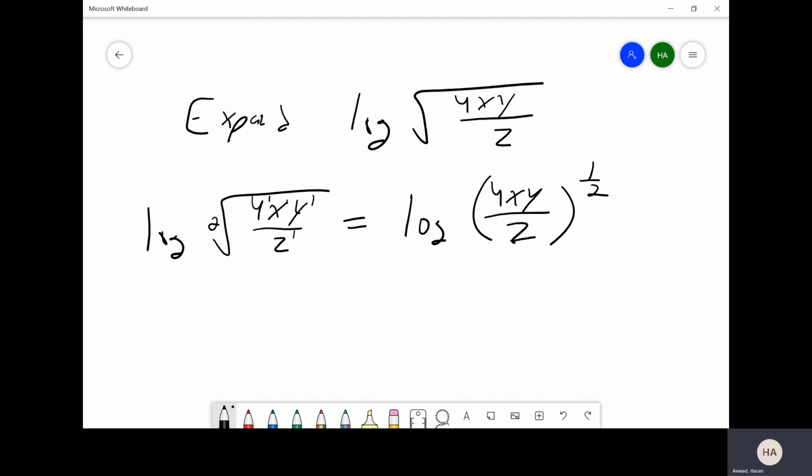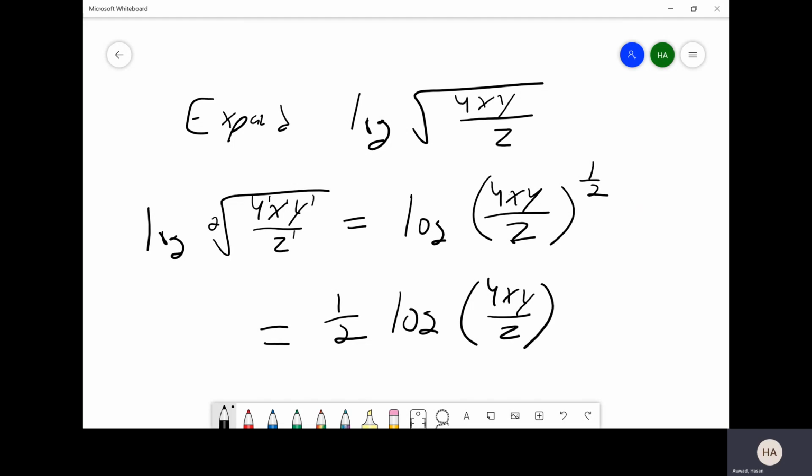Okay, solid. Now I want to bring that exponent out, right? I'm going to use my power rule here. My power rule says, if I have an exponent on the entire piece that's inside my logarithm, I can just bring it out front. So 1/2 times log of 4xy over z.